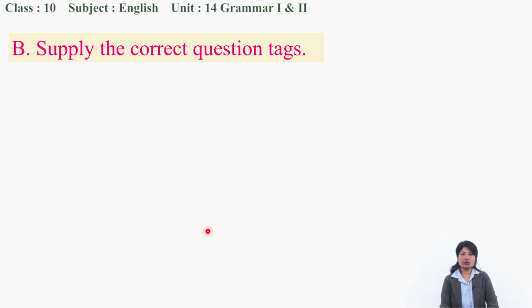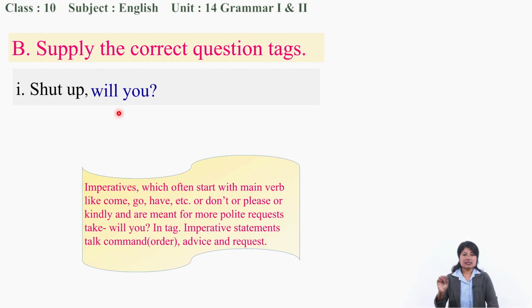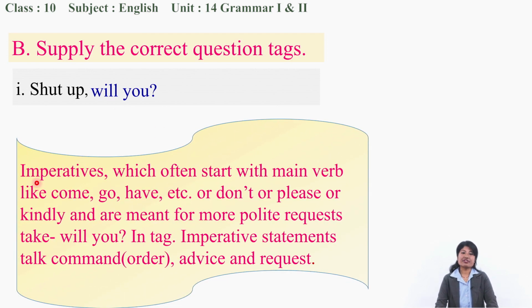Let's continue. Shut up. So at that time, what do we say? What is the tag? Will you? Yes, will you. So this is an example of imperatives. Imperatives often start with a main verb like come, go, have, etc., or don't, or please, or kindly, and are meant for a more polite request.